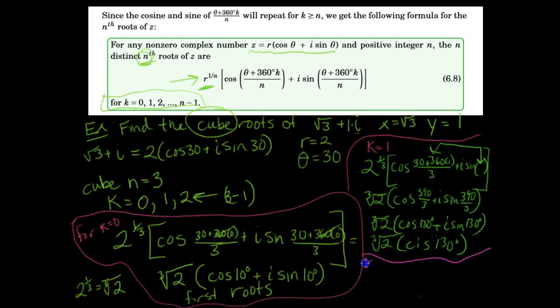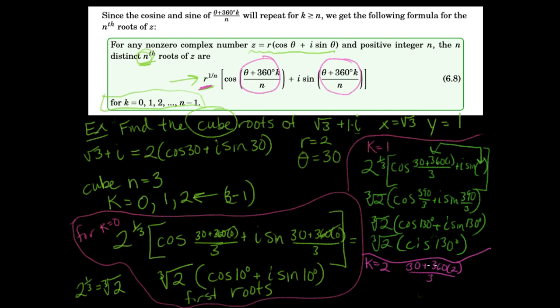Okay, to find the last one, for k equals 2, you can kind of see the pattern. I'm just going to do it shorthand because I really just need to find this value. I know that this is the same: it's the cube root of 2 because n is 3, and these are the only things that are changing. So theta is still 30 degrees, and then we have plus 360 times 2, because that's for k equals 2, over 3.